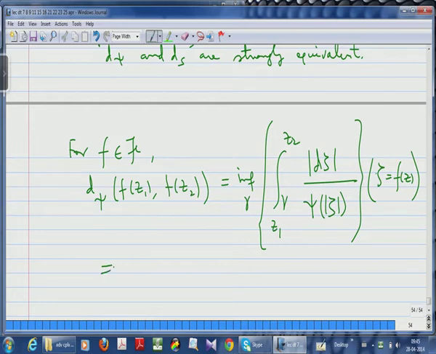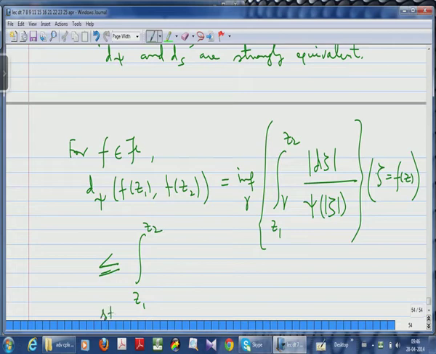What is this going to give me? Notice that this being an infimum, this is certainly less than or equal to the integral over the straight line segment from z1 to z2.